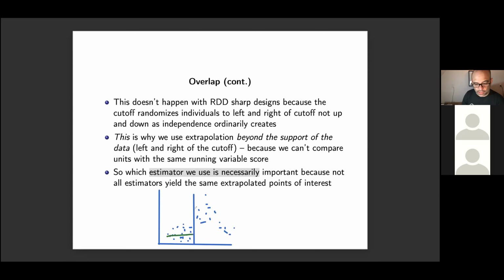Say we used a straight line. Could get something like that. Could get something like that. Could go down.